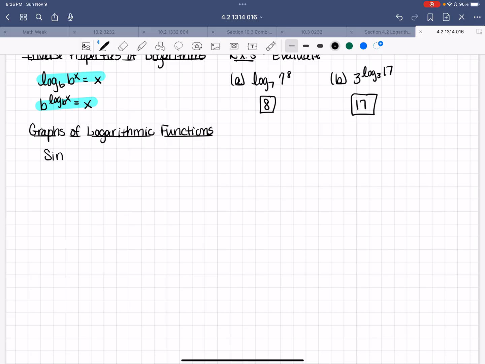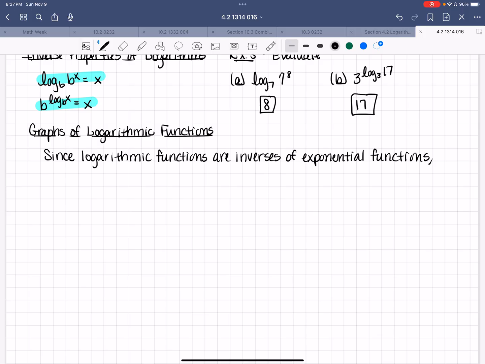Since logarithmic functions are inverses of exponential functions, we can reverse the coordinates of the exponential function.